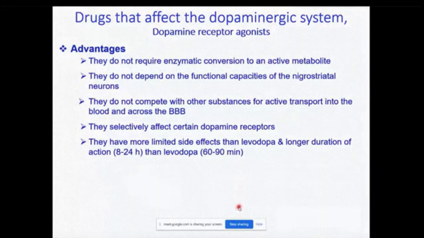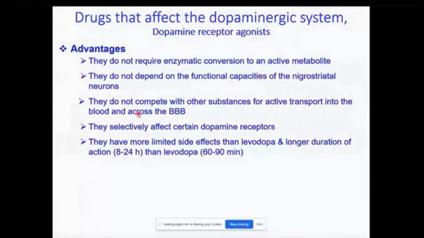So there will be less dopamine that can activate the receptor. Is that clear? Okay, so this is another comparison with levodopa.